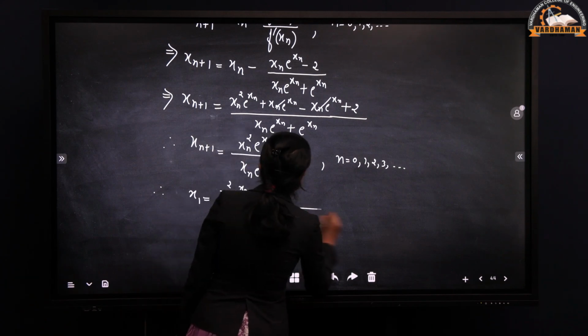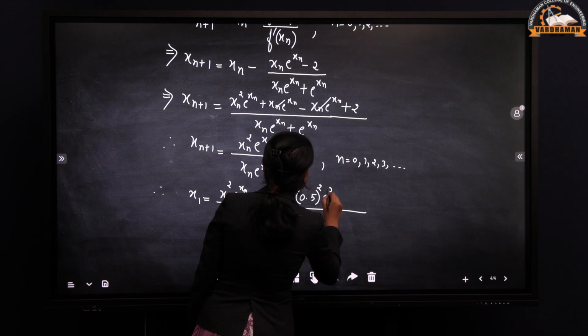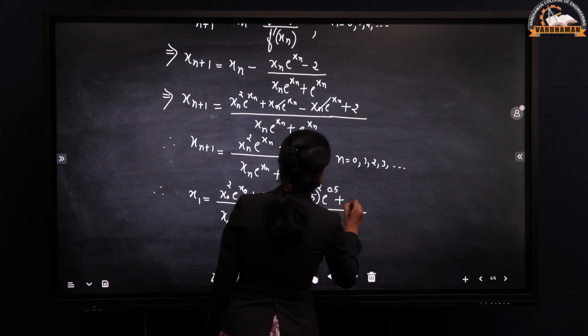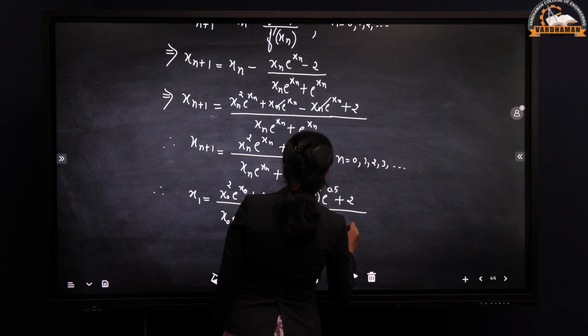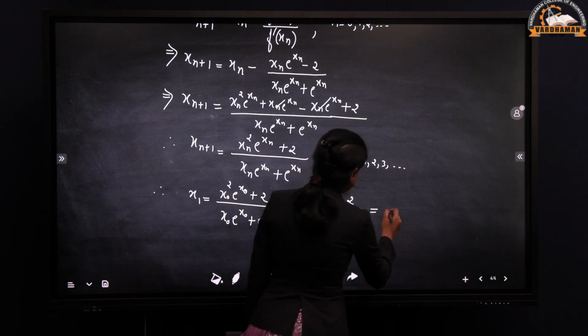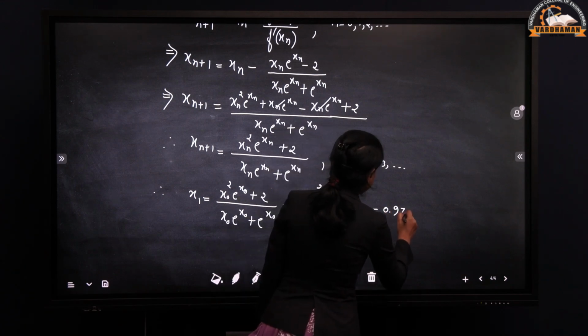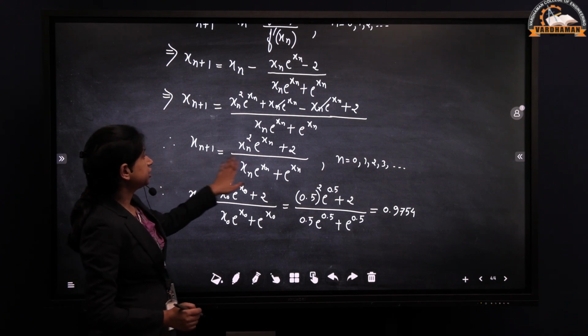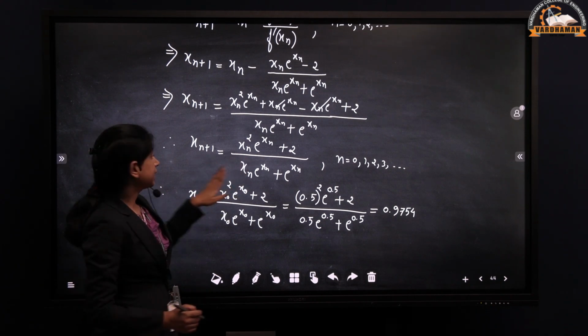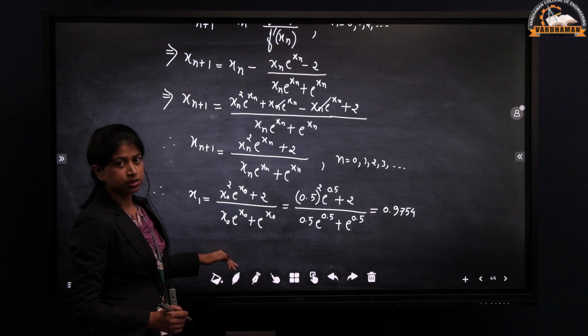What is x0? x0 is 0.5, so (0.5^2 e^0.5 plus 2) by (0.5 e^0.5 plus e^0.5). This is equal to 0.9754. Similarly, if we put n equal to 1, we will get the second approximation.